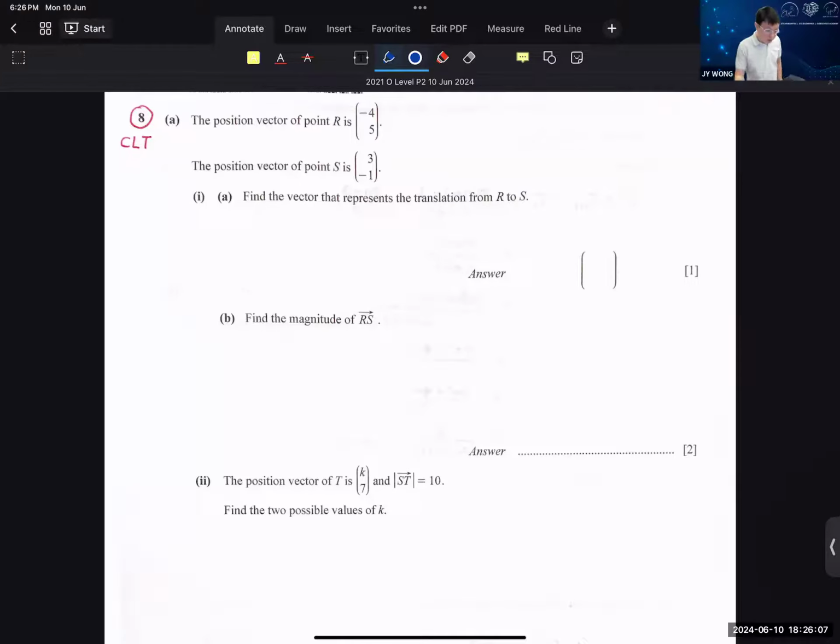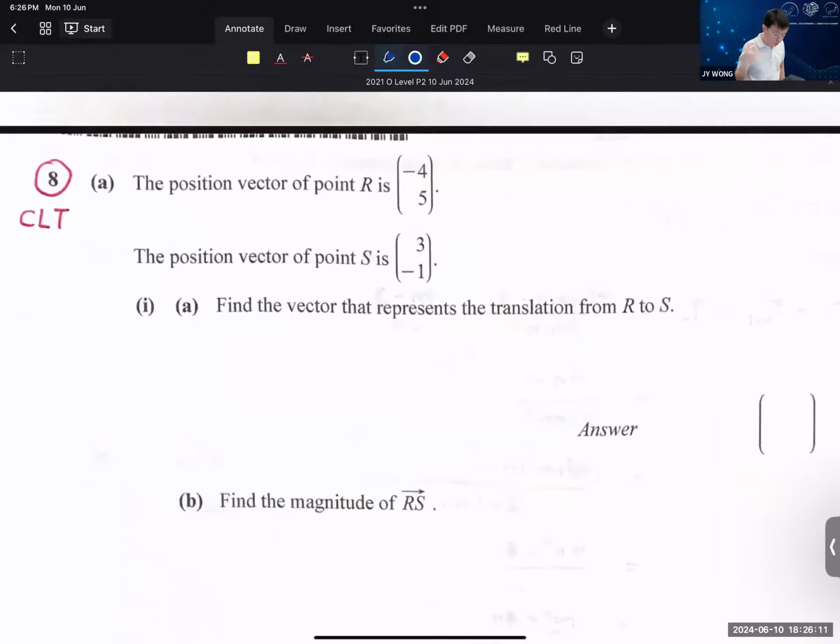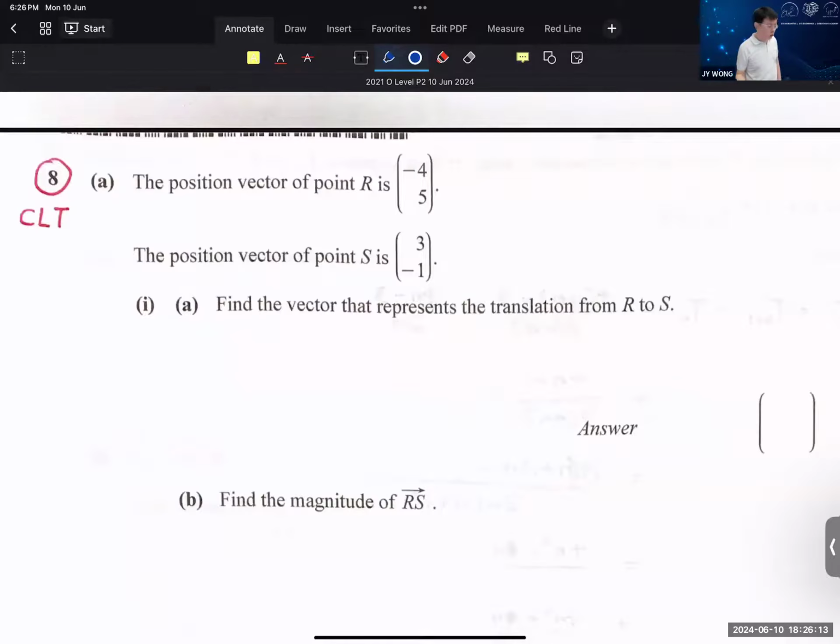Now, find the vector that represents a translation from R to S. So they give you position vectors. Position vector means OR, and this is OS. Okay, so you must write RS equal to OS minus OR.